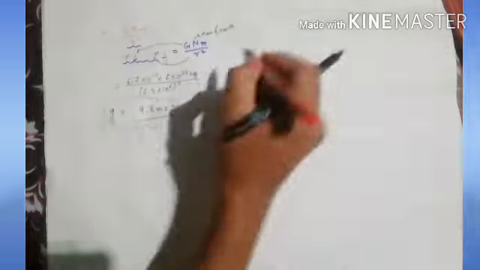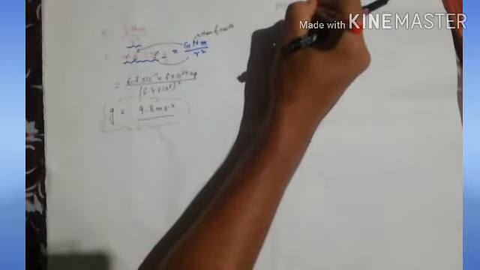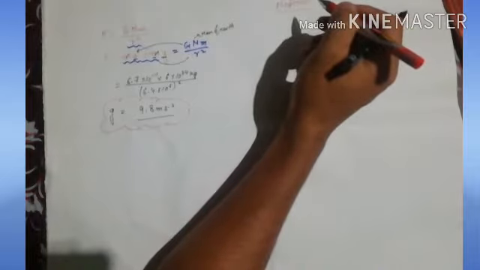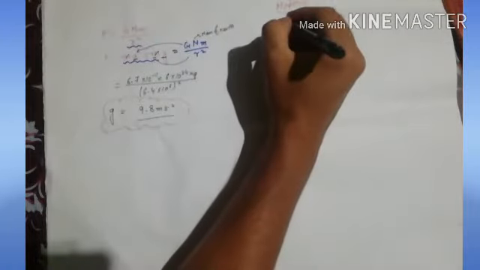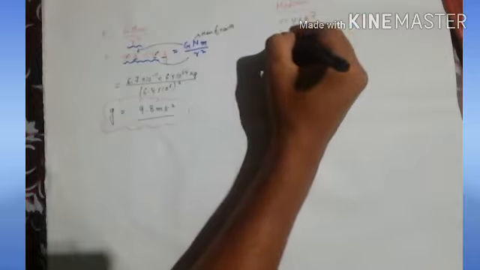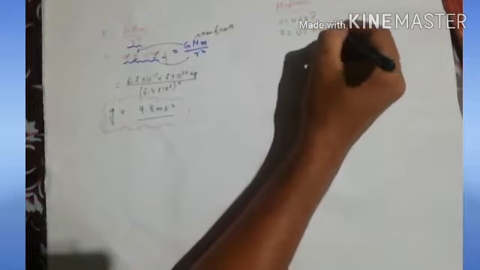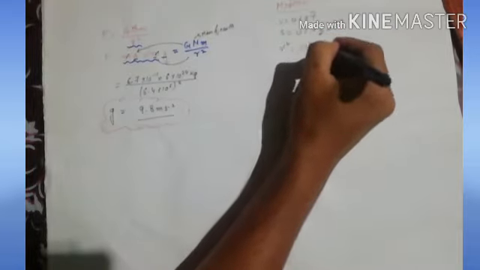Now we know three equations of motion for the motion of an object under the influence of gravitational force on earth. The equations of motion are v equal to u plus at, s equal to ut plus half at square, and v square equal to u square plus 2as.